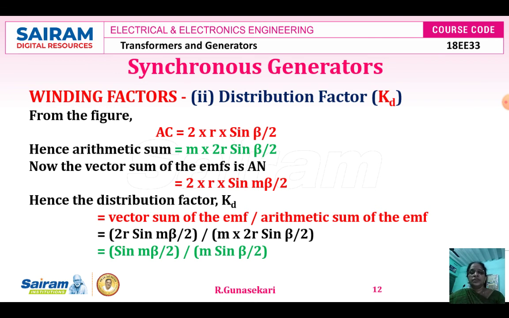As per the definition, the distribution factor equals the vector sum divided by the arithmetic sum. Finally we get the distribution factor KD equal to sine m beta by 2 divided by m sine beta by 2. m is the number of slots per pole per phase. Beta is the slot angle, equal to 180 degrees divided by the pole pitch. The pole pitch is equal to the number of slots per pole.